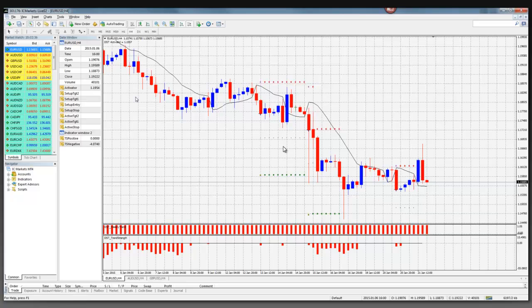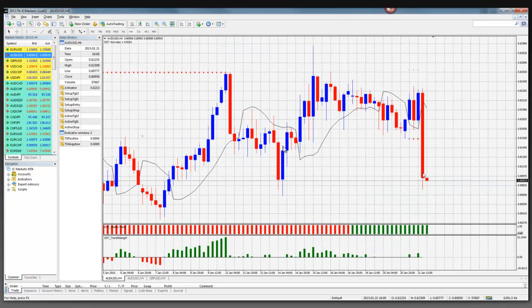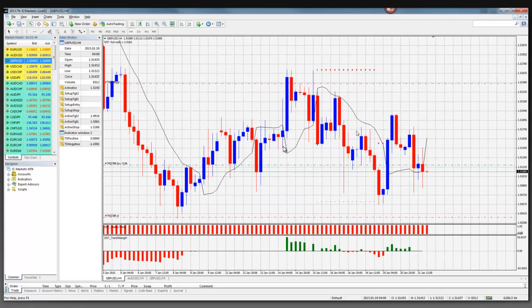There's nothing to do on this, like on my snapshot right now. He took the Aussie and dragged it here. There's nothing to do here. He took the cable and dragged it, and he kept on going. He thought, and we do agree, that this is a much faster way to do it. So that's one of the most powerful things about MT4.